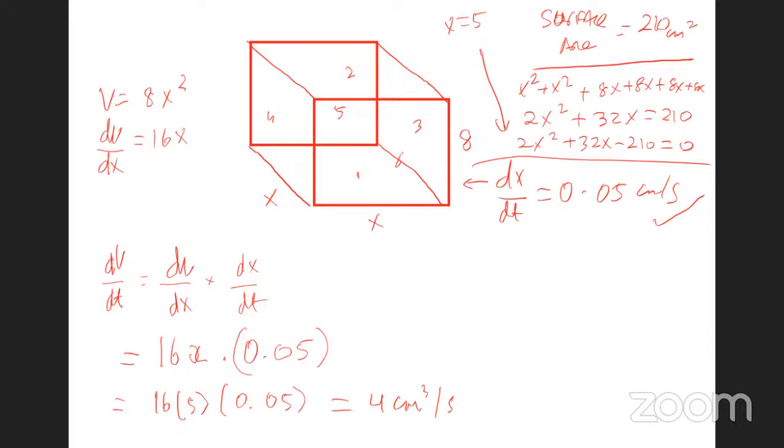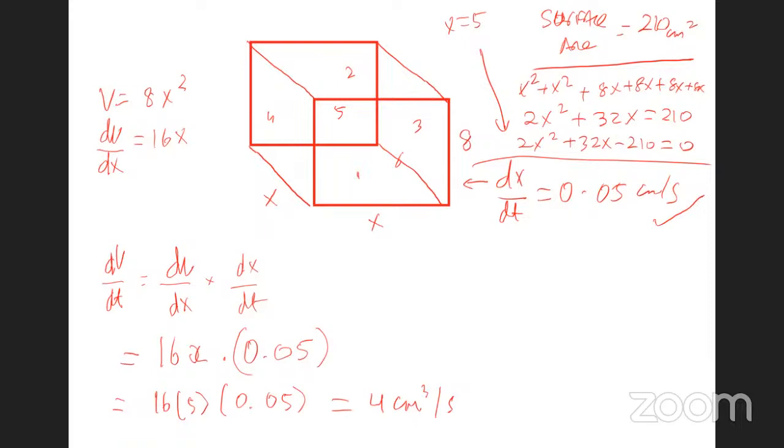No? Where did you get lost? In finding x. Right. The question told you that the surface area is 210. If you have a cuboid, it's not really like this, but let's just say, if you have to find surface area, you have to find here, here, here, here, here, and here. These two are the same, and these two are the same. So I found here by here, the base is square, so that's x squared.